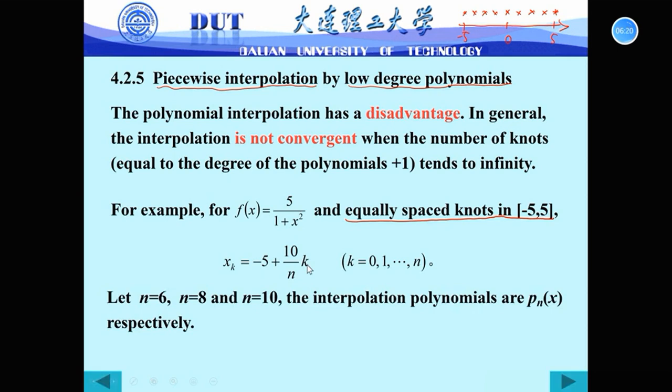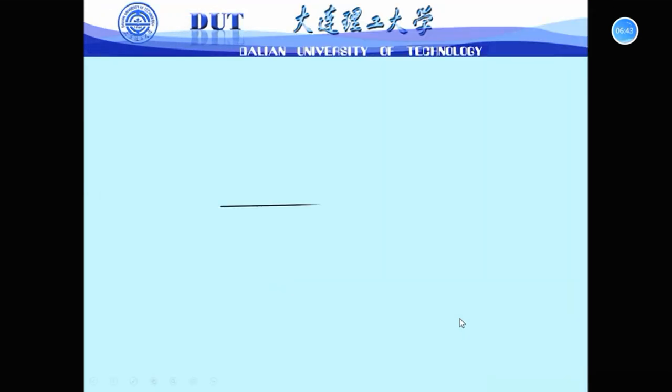Now I show you the interpolation results by the Lagrange interpolation polynomial, for the cases of degree n equal to 6, 8, and 10. We show the results respectively for the interpolation polynomials. This is a figure, and I only show you the left side.